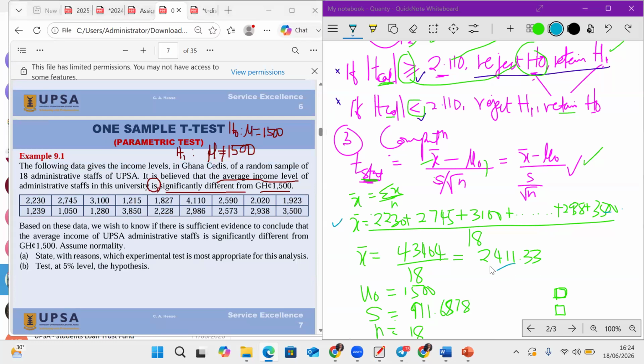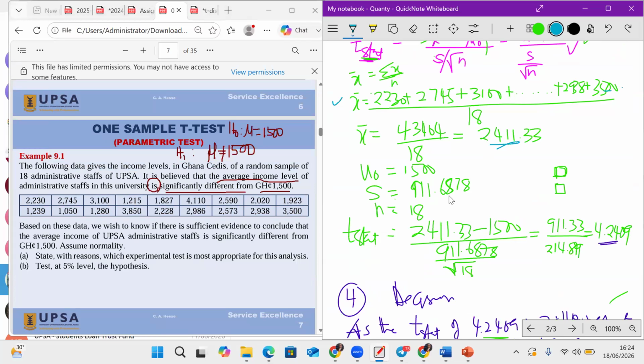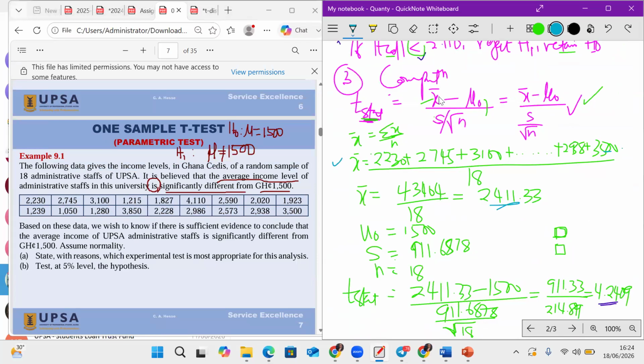Then we got 24,113. We were in the formula, searching for values for the formula. So this is the X bar. Then we went to find mu. Mu is already in the question, we picked it from there. We just did the hypothesis.